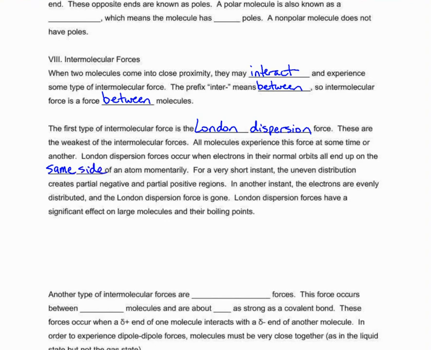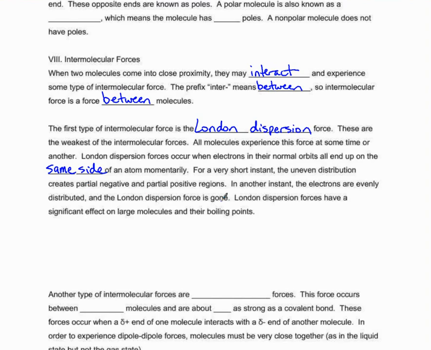It happens especially with larger atoms and larger molecules. There are all of these electrons moving around, and there's just a chance that at any point in time, a lot of them could be more on one side than the other. For a very short instant, the uneven distribution creates a partially negative region and a partially positive region.